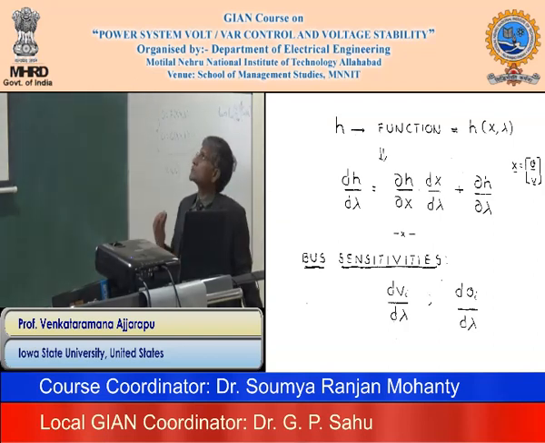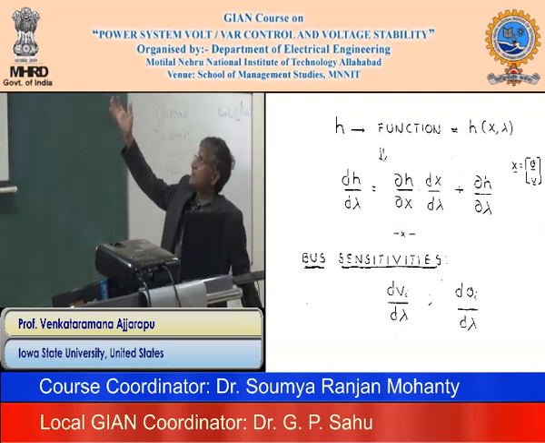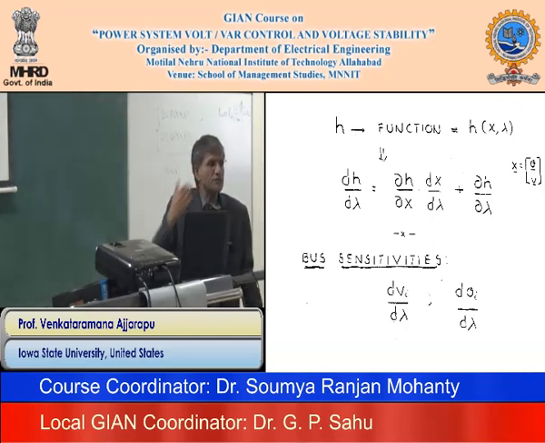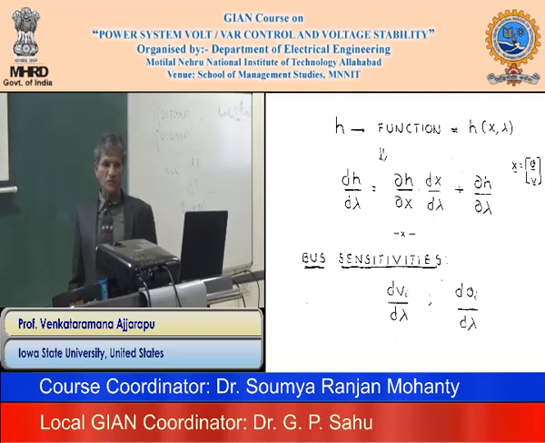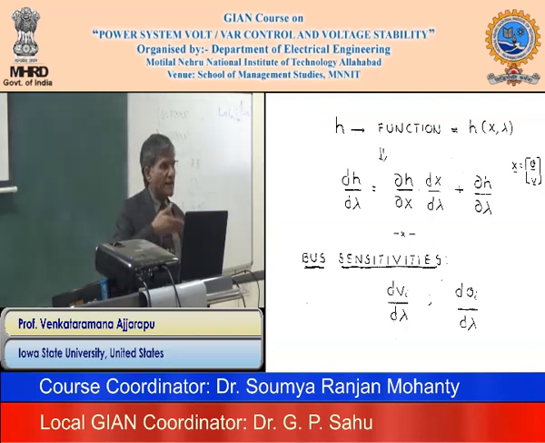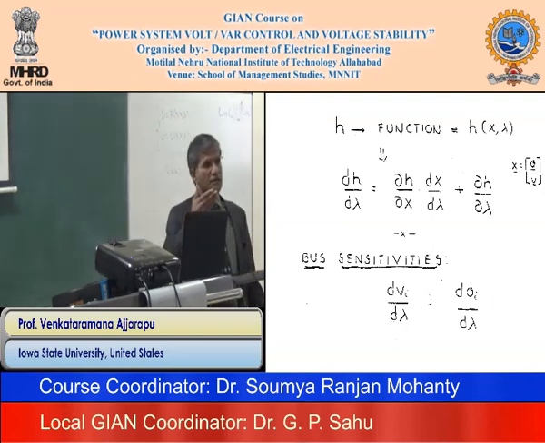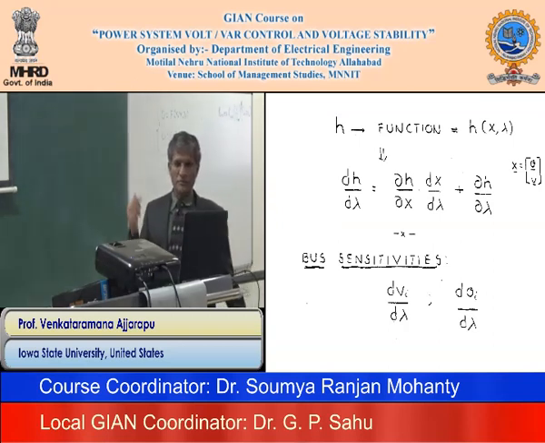So assuming h corresponds to the loss function, how are the losses changing with lambda? Because you already have these derivatives as a part of the solution, I can actually calculate, for a given load increase, whether losses are increasing or decreasing based on this sensitivity function.